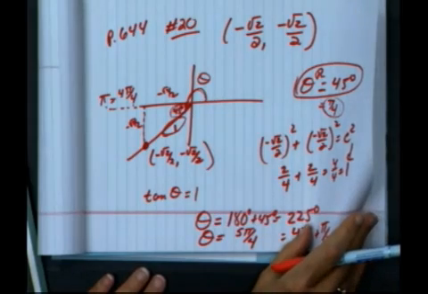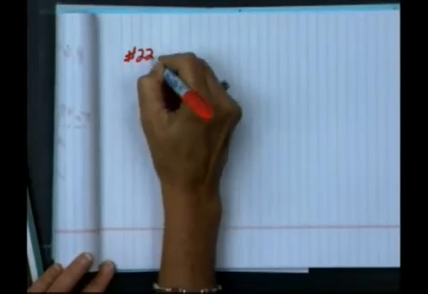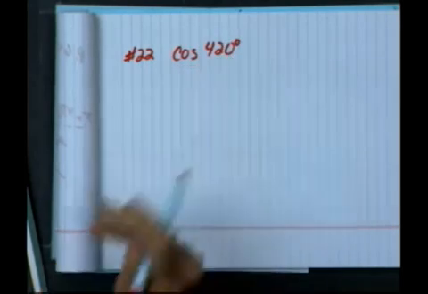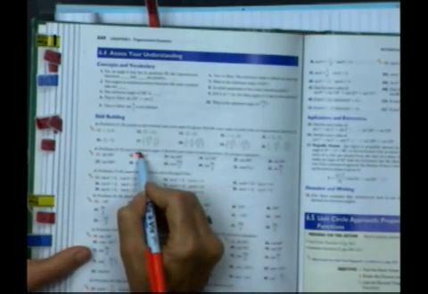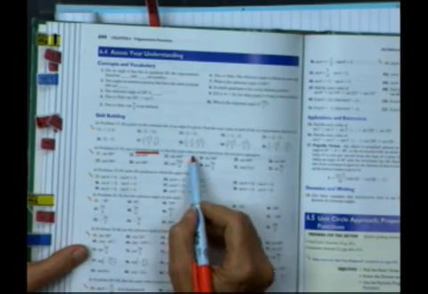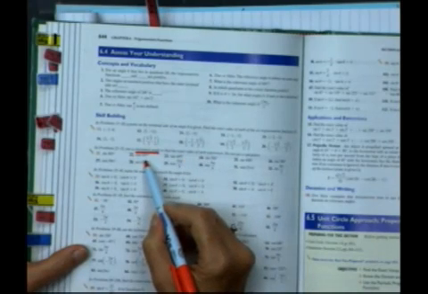Okay, let's look at problem number 22. Oh, I haven't defined this term. Good thing we're going through this. Number 22. We're given the cosine of 420 degrees, but the instructions say use a coterminal angle to find the exact value of the cosine of 420.